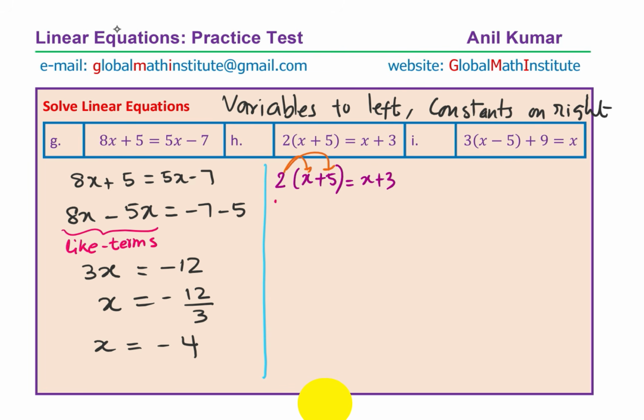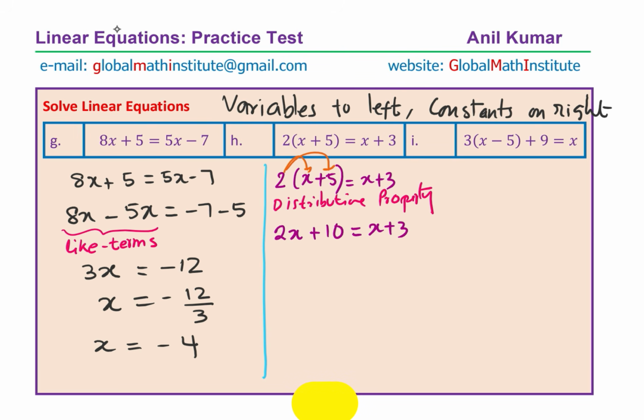Let me write it down. So when you distribute 2, multiplied with both x and 5, what do you get? 2 times x is 2x, and 2 times 5 is 10. Do you see that part? And we have x plus 3.